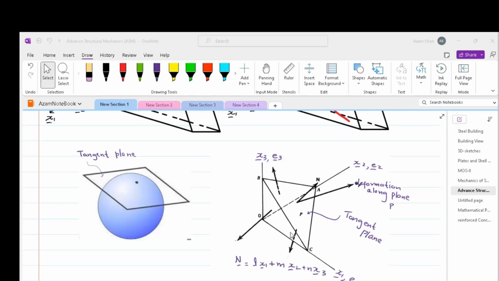Please note, looking at the prism, the strains 1, 2, and 3, which are on the faces OBA, OBC, and OAC respectively, are oriented in a random direction. If we multiply these strains with the respective direction cosines, we will bring the strain in line with the outward drawn normal of the face.